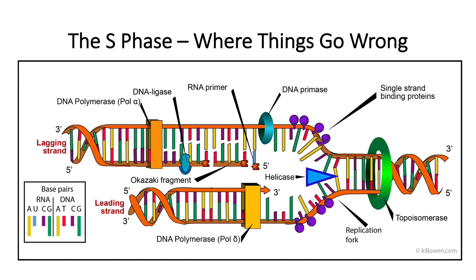Anything that causes a mutation to that could ultimately lead to a cancer, as we saw earlier. So here I am expecting that students should be able to know what the role of topoisomerase is, what helicase does, the Okazaki fragment, what that is, what primase is, what ligase does. And if you don't remember these things, please go back and revise them.